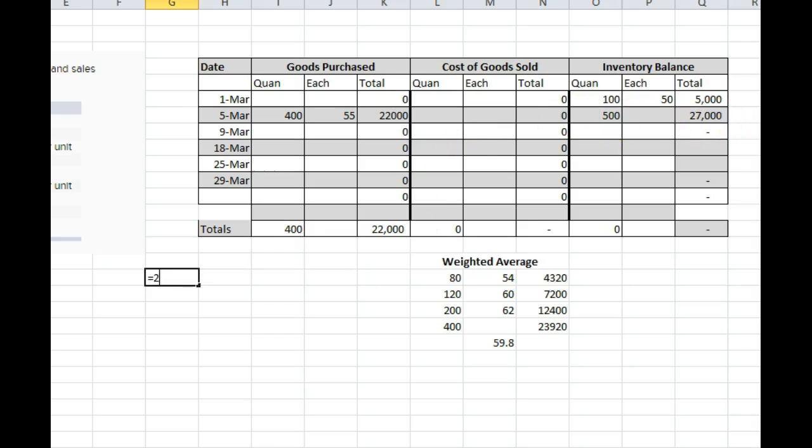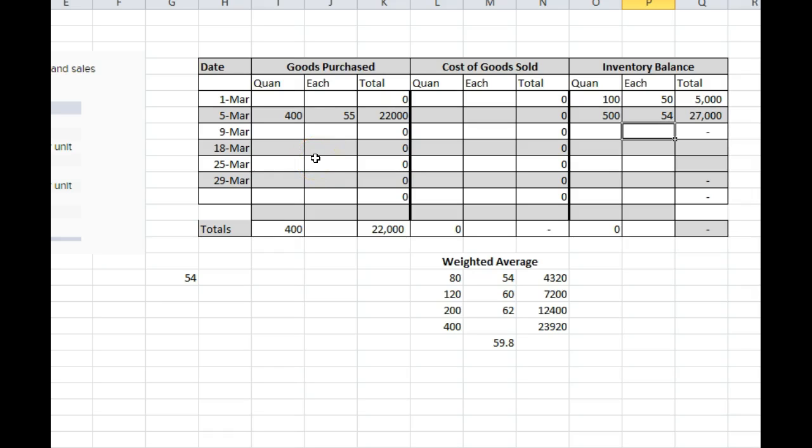I'll just do it very quickly here in the cell. And our per unit cost is $54. So now I have 500 in inventory at $54 at a cost or value of 27,000.